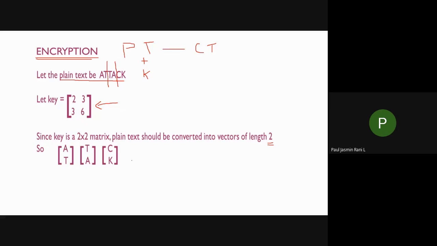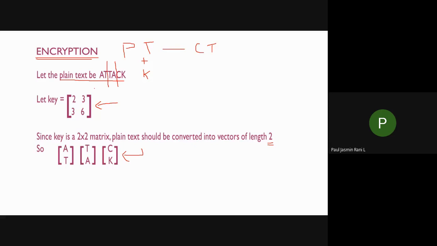After splitting, you will get your answer like this: AT, TA, CK. This is your first step of the Hill cipher. You have to see the size of your matrix, whether it is 2 cross 2 or 3 cross 3 or 4 cross 4. According to that, you have to split your plain text. If it is 2 cross 2, you split it into 2s. If it is 3 cross 3, you split it into 3s.